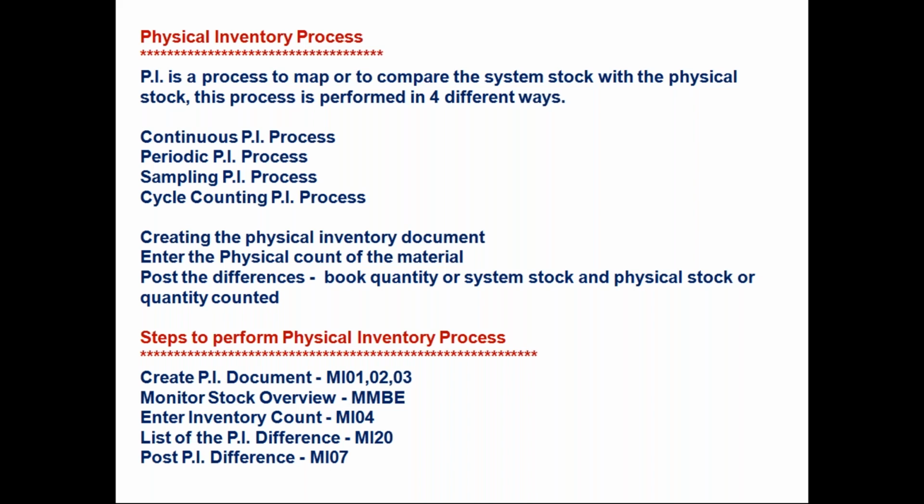So why will they block the goods movement? In order to avoid inconsistent results. Suppose while they are performing the physical inventory process, if we keep on performing receipts and issues of the material, chances are there the same material can be counted a number of times.